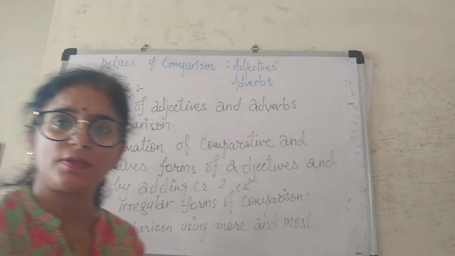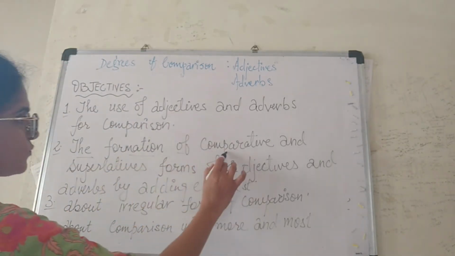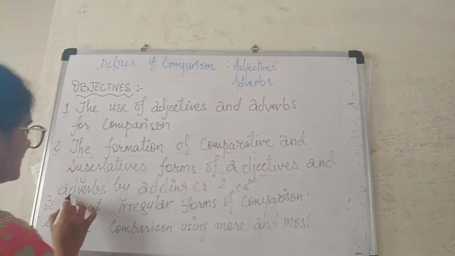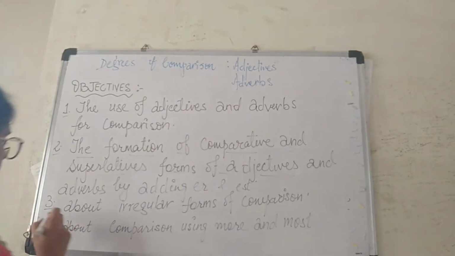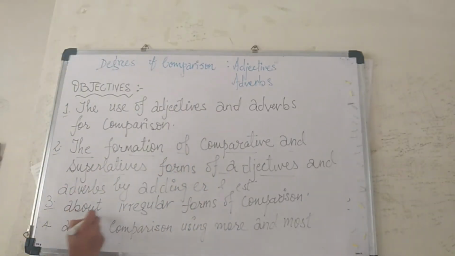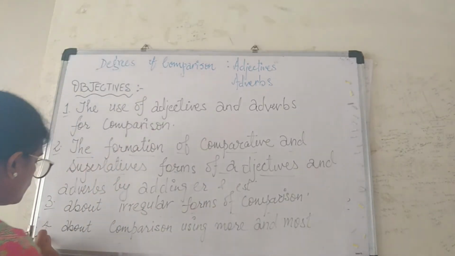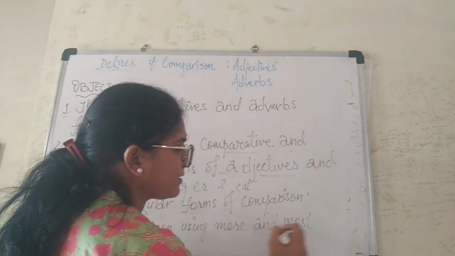How do we make them into comparison? And the second is the formation of comparative and superlative forms of adjectives and adverbs by adding er and est. And the third objective is about irregular forms of comparison. And the fourth and last objective is about comparison using more and most.